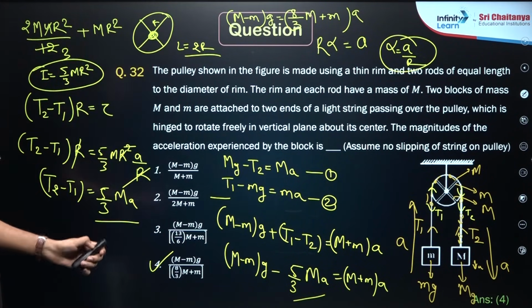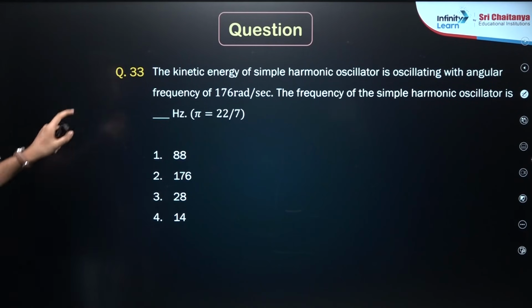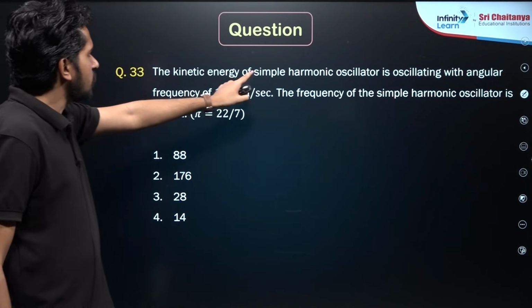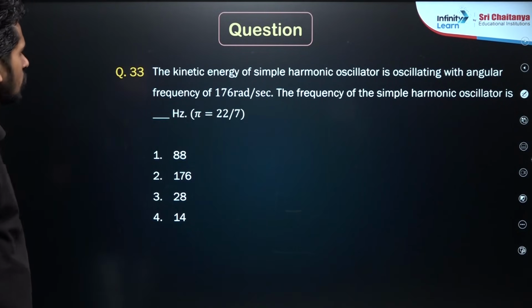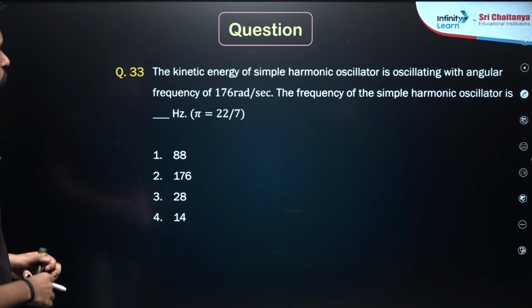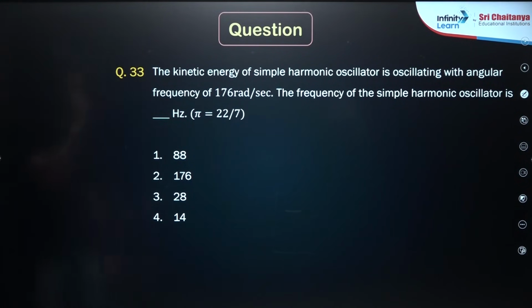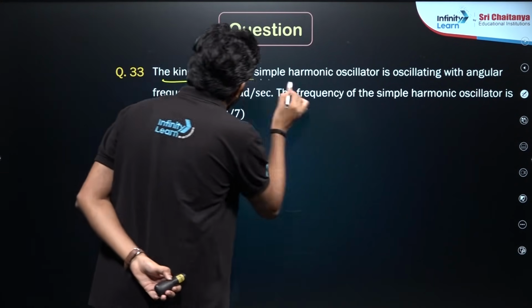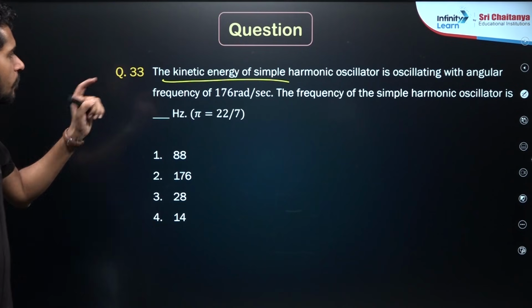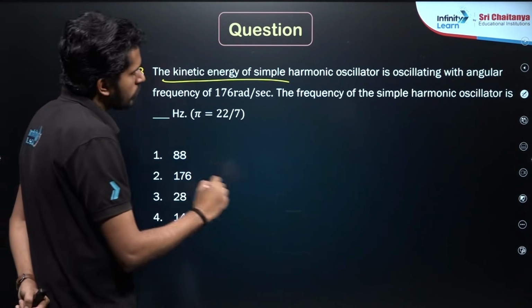Simple. Now the next question is: the kinetic energy of a simple harmonic oscillator is oscillating with an angular frequency of 176 radian per second. So basically, sir, what is this term, kinetic energy of a simple harmonic oscillator?